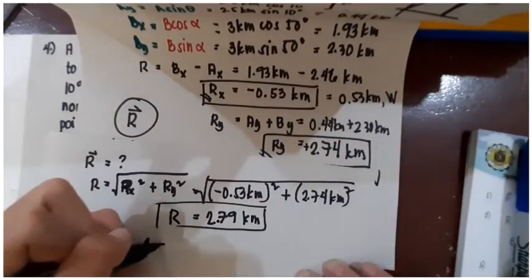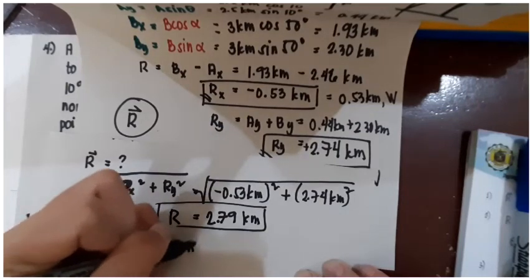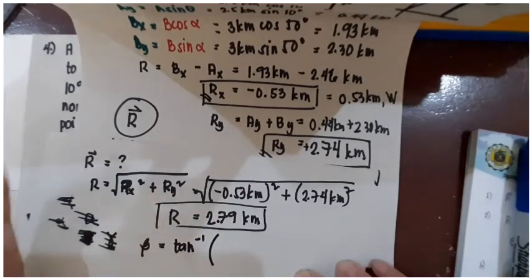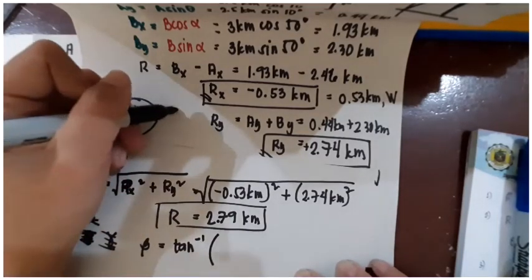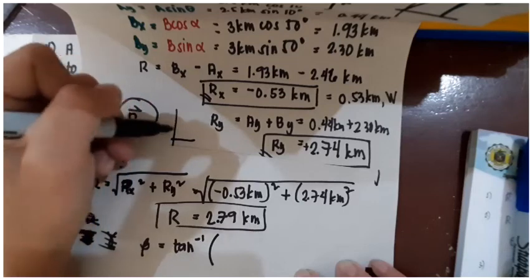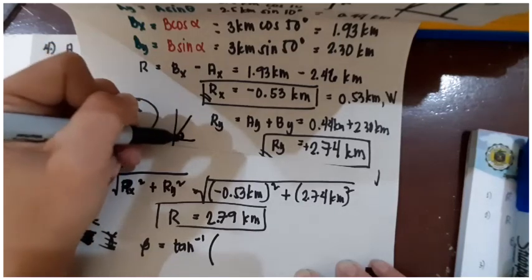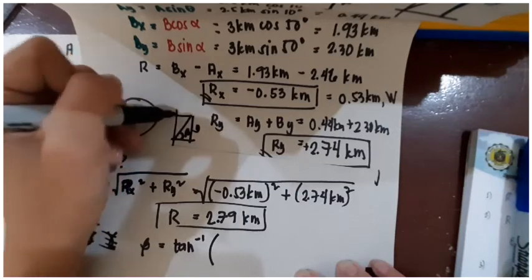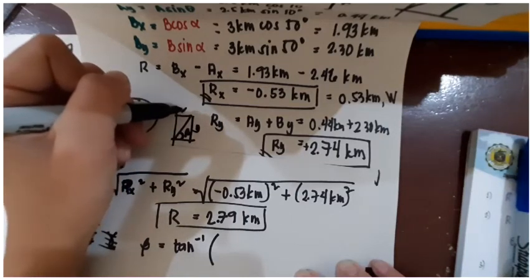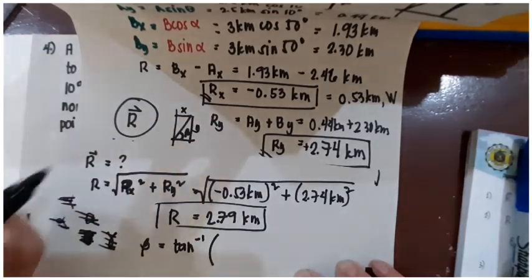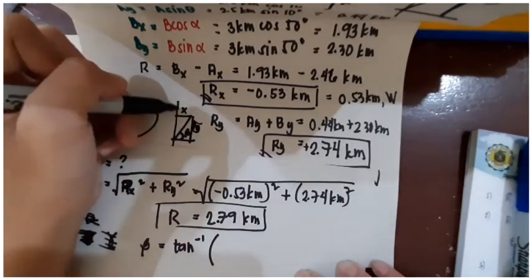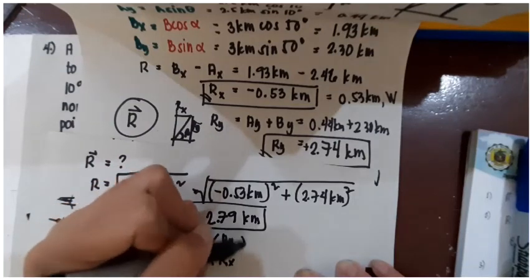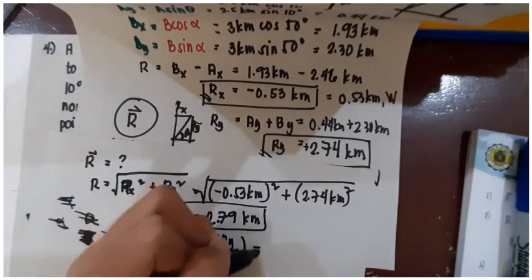Okay, so we have your tan inverse opposite over adjacent. So in this case, yung opposite ni R is, ito yung angle na kukunin natin. So your opposite is your y, and then your adjacent is your x. Okay, or Ry and then Rx. So we have here Ry over Rx.